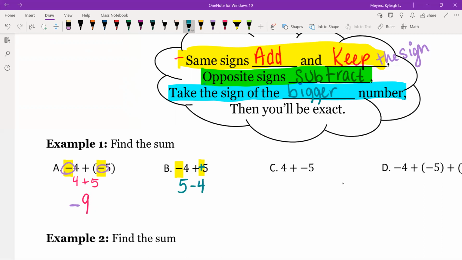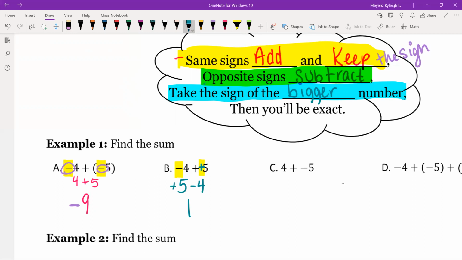Okay, what is 5 minus 4? 1, right? And we take the sign of the bigger number. 5 is bigger and it was positive, so our 1 is positive. But you just don't need to write the positive, okay? So we'll leave it as 1 because it's an implied positive.